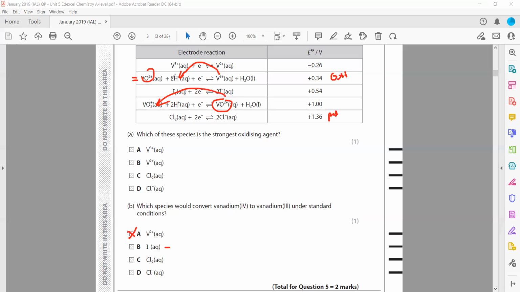So it does not stop from 4 to 3. And as you can clearly see, this is a higher potential. So reduction happens, and the other one, oxidation will happen. So chloride ion will convert into chlorine molecule. So oxidation happens, so 3 will convert into 4, not 4 converted into 3. Is it clear?